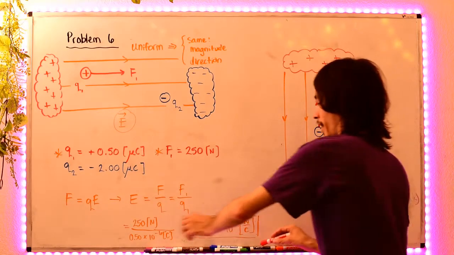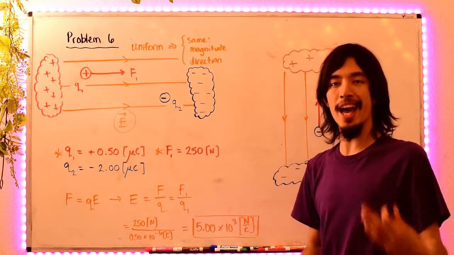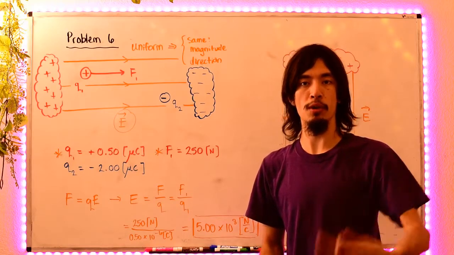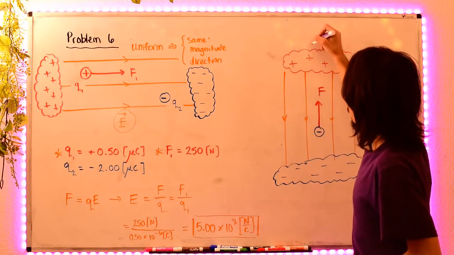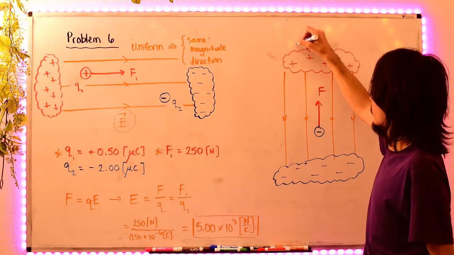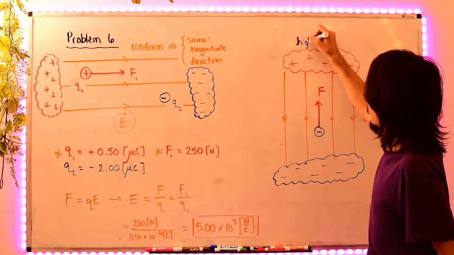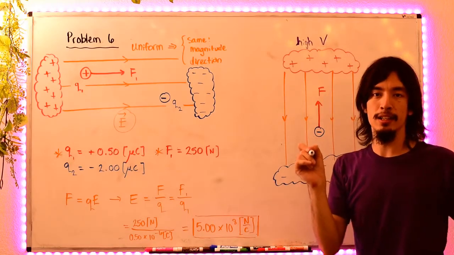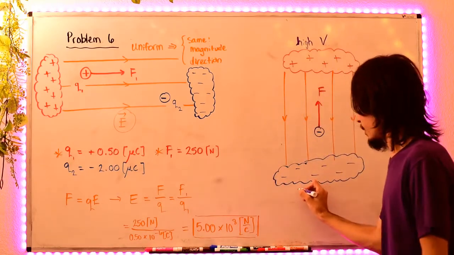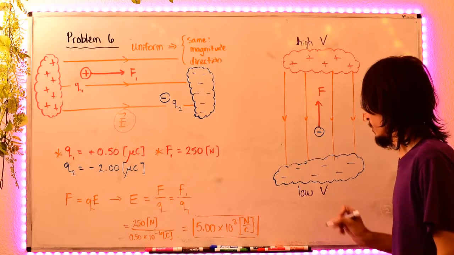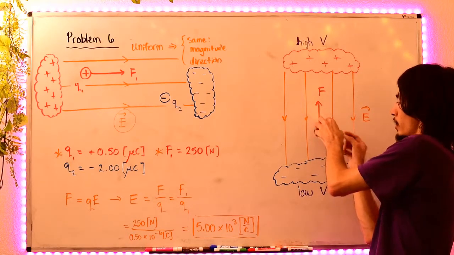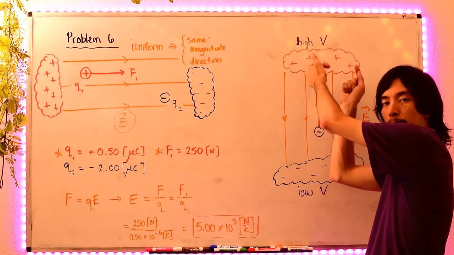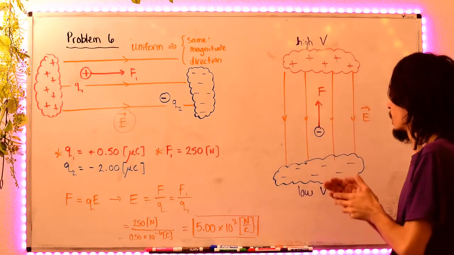And we know that in regard to potential, singular word, potential, not potential energy, that the potential is larger or more positive at the top, so this is the high potential or high V that we use for potential, and down here would be the low V. So we know that when you release this from rest and it moves on its own upward, you don't have to force it to do that.